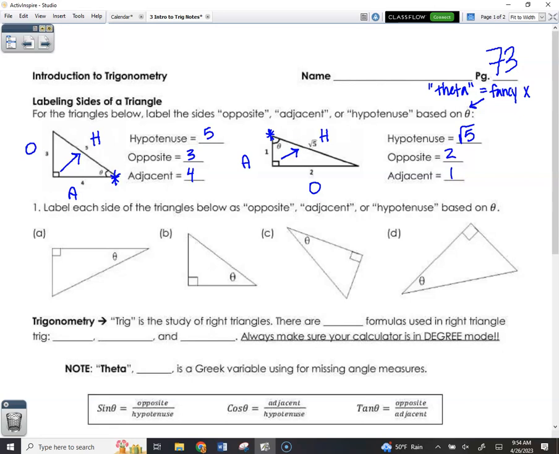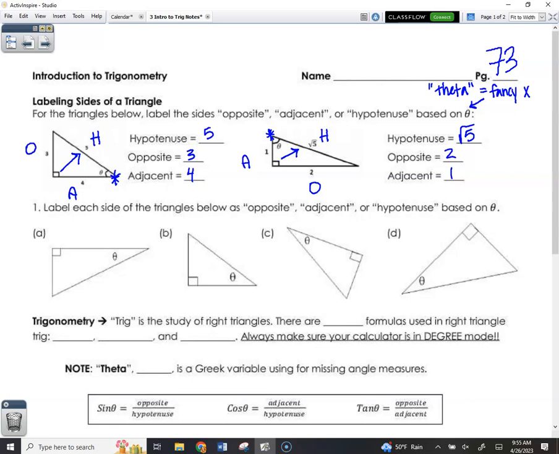Whereas if I just used a regular English letter of the alphabet, you have no clue if it's representing an angle or a side length unless you have a picture where it's placed, right? If I say to you, I'm trying to find theta, and you know it's a trig problem, the mindset is, oh, well then it's a missing angle. Because Greek letters are only used for missing angle measures. Y'all with me? Please stay awake.